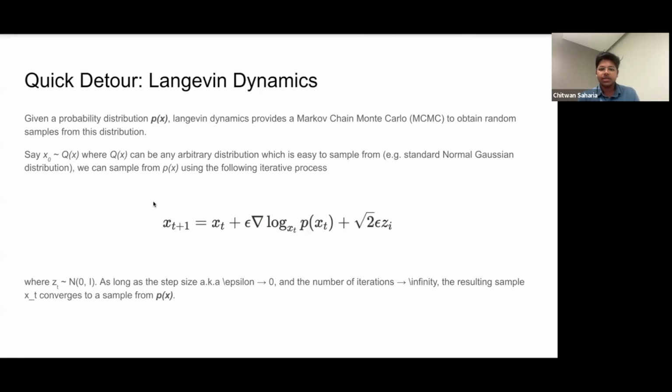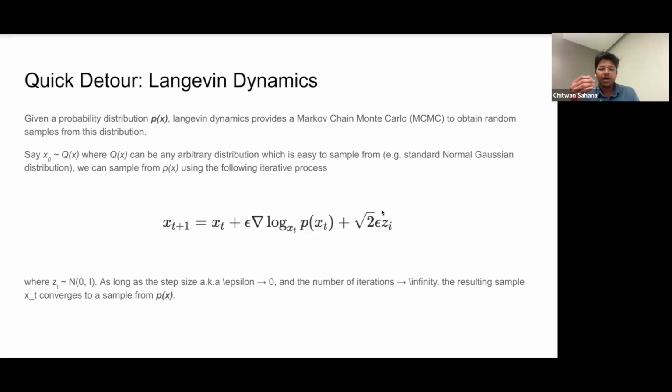So the stochasticity that we're obtaining is coming from the original input that we get, and also this random noise that we are adding to the sampling step at each step basically.